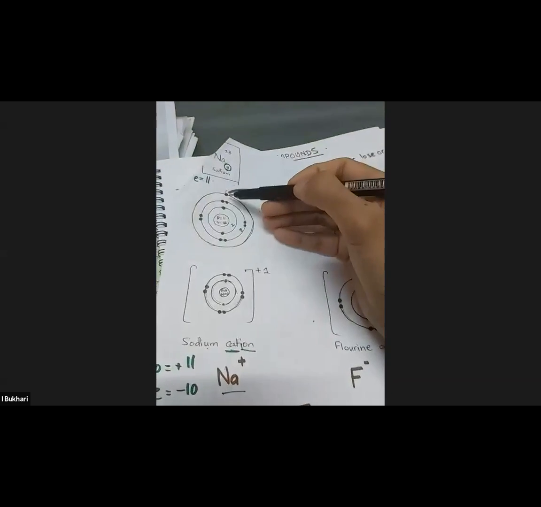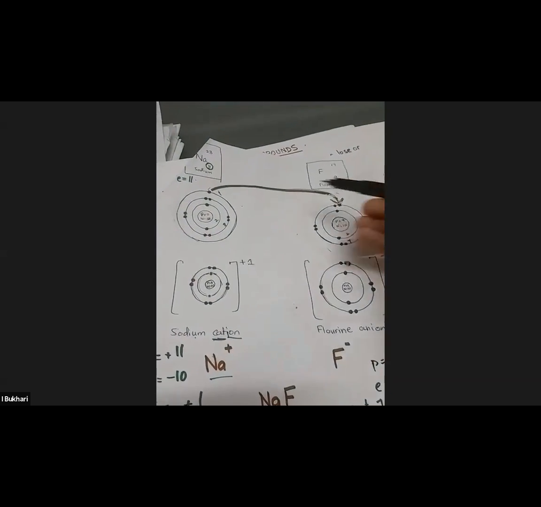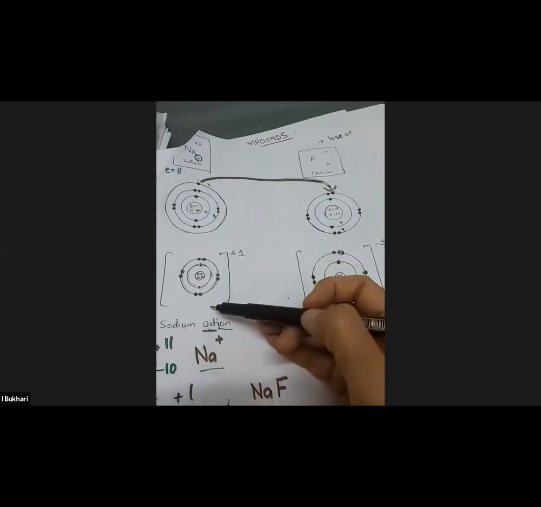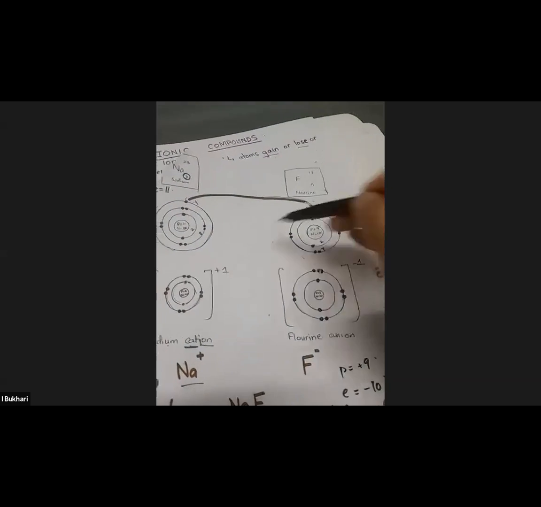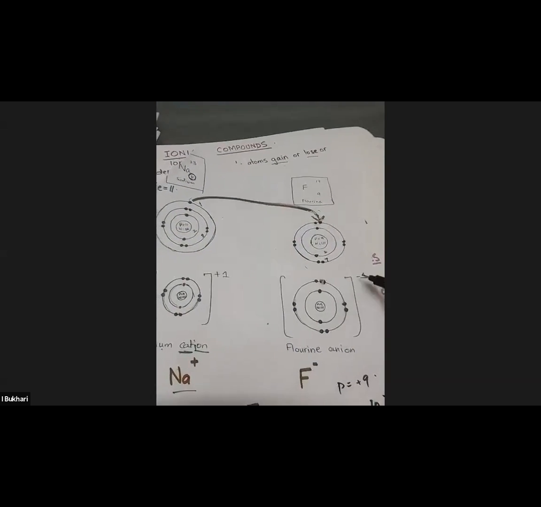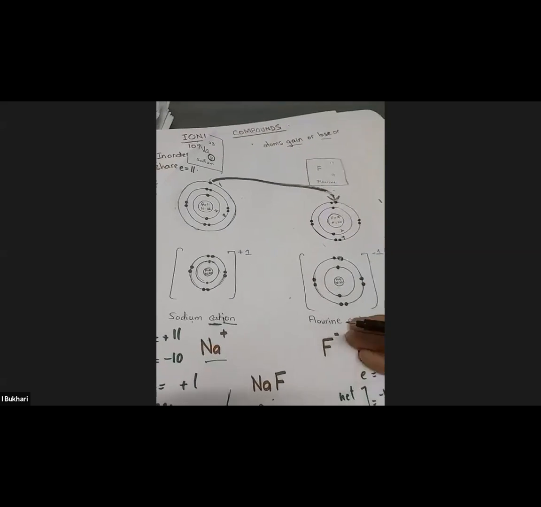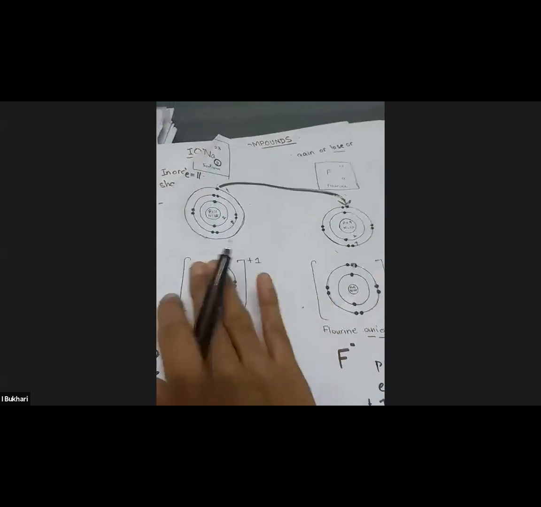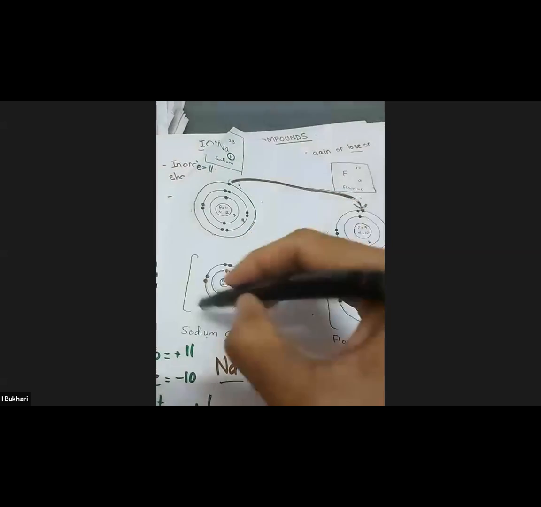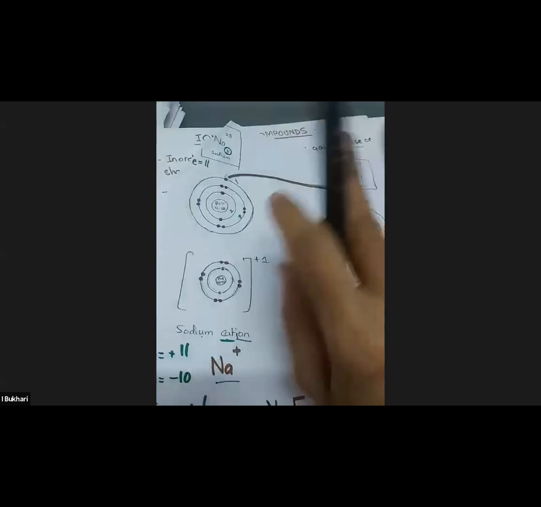So sodium loses the outermost electron. It becomes the cation, positively charged ion, and this is gaining one electron. So this becomes an anion, negatively charged ion. Now, this has completely lost that electron. That electron is no longer revolving around this nucleus.